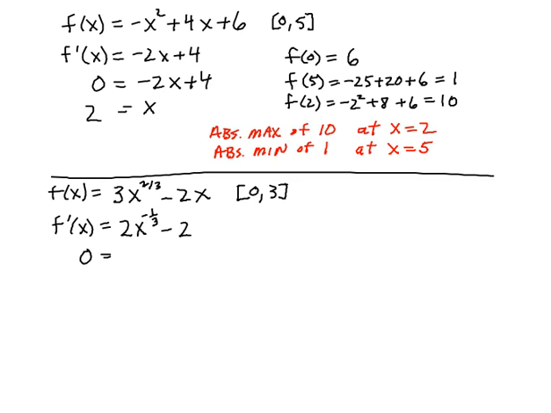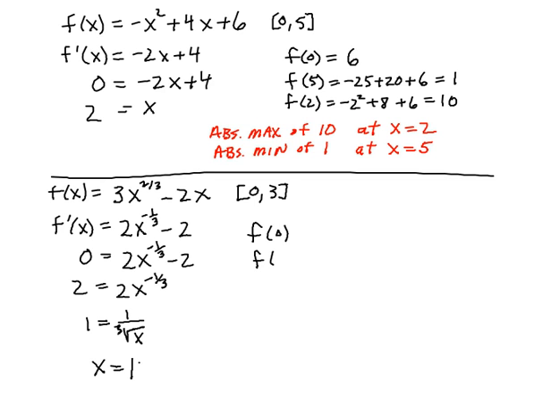And then setting that equal to 0, I will add 2 to both sides, divide by 2, and I'll have 1 over the cube root of x, and that will imply that x is equal to 1.